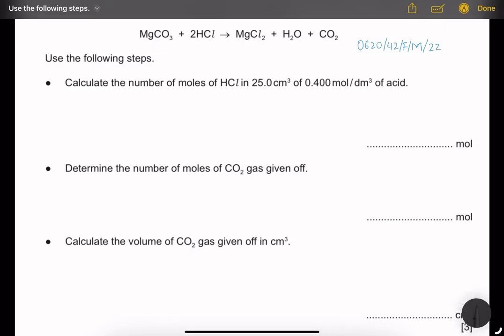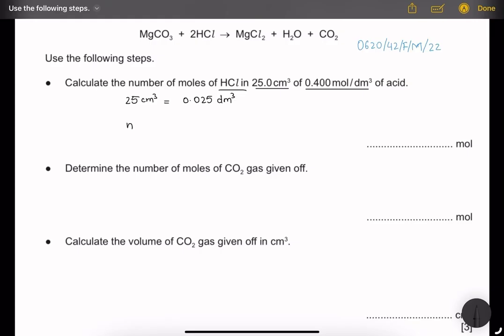Now this is an extended question. Calculate the number of moles of HCl in 25 cm cube of 0.4 mole per dm cube of acid. So for this, first we have to convert cm cube to dm cube, and for that we have to divide it by 1000. So when we divide it by 1000, we'll get 0.025 dm cube.